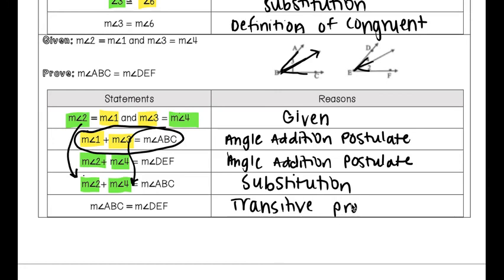And that is because I am now saying that because these two angles added together both equal these two separate angles, so DEF and ABC, we can call those equal to each other because of the transitive property. Again, it's not just substitution because we're replacing the entire expression with that value. So this is our transitive property here. And we have now finished proving what they asked us to prove, that those two measures would be equal.